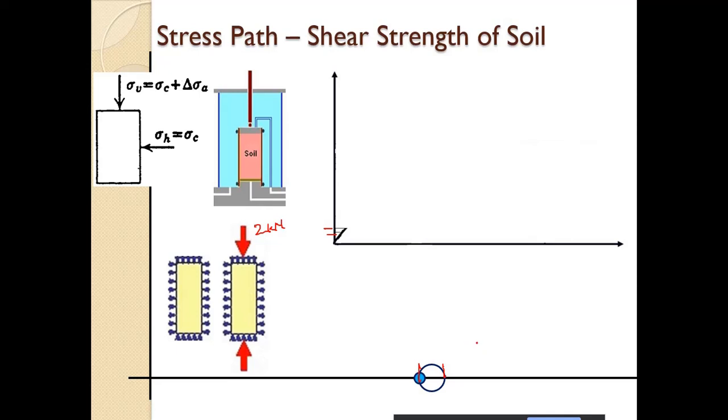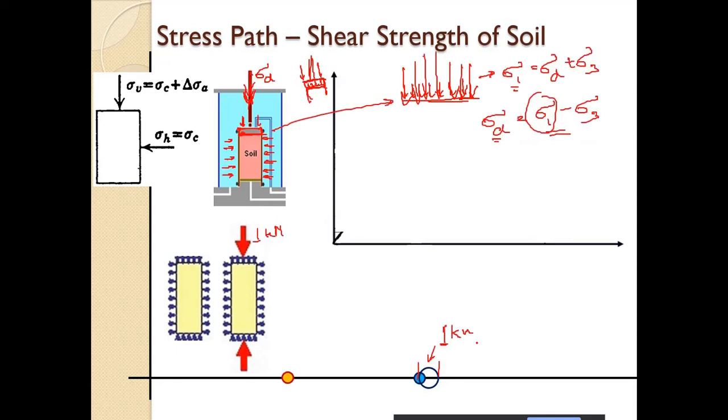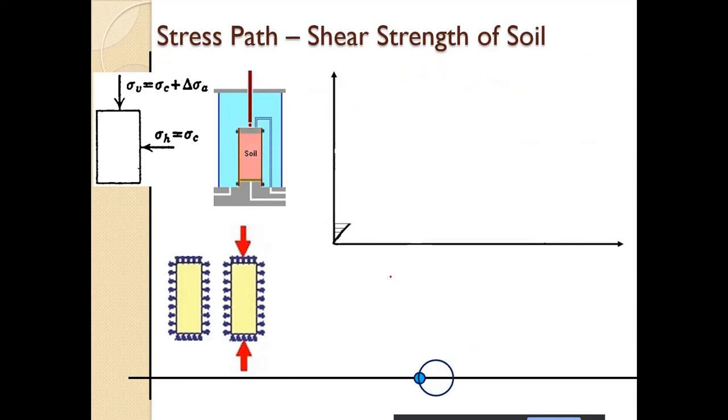Are you getting this? I will show you one Excel I have made. I will show you again while plotting the things. So 1 kilonewton, 2 kilonewton, 3 kilonewton, as we go on increasing the deviatoric stress.